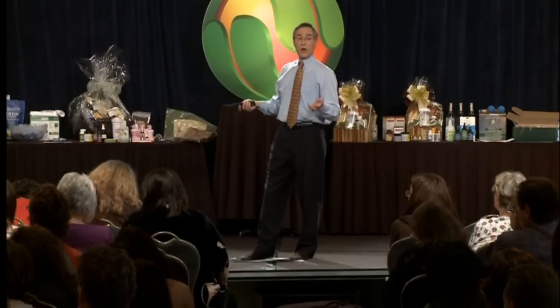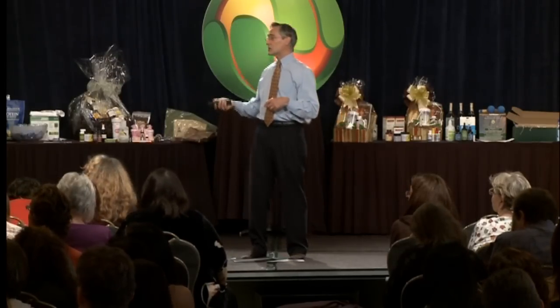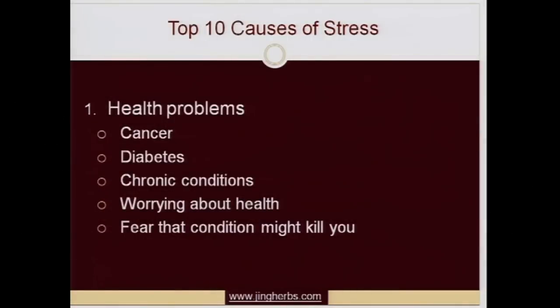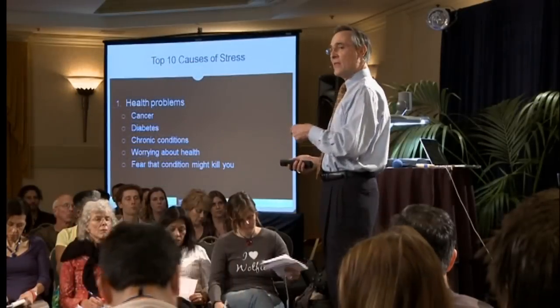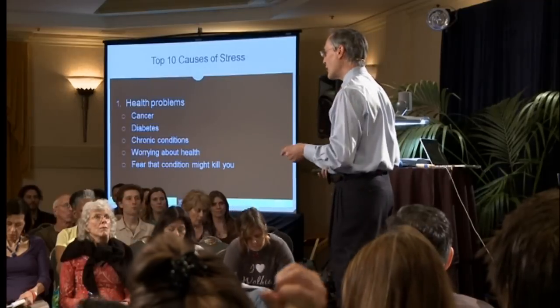Number 1, health problems. The cancer, diabetes, chronic conditions, worrying about health. And this is very interesting because for the group of people in this room, sometimes you can get to a point where you start worrying about the fact that you're not doing the right things to stay healthy.